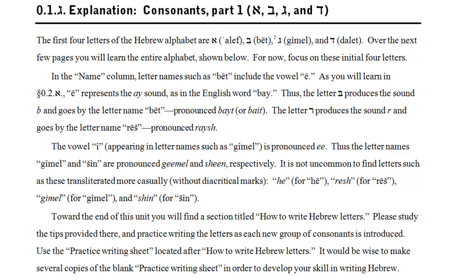Concerning the letter Beit, if you follow the footnote that's associated with Beit in that first sentence, you will see the comment that sometimes the letter Beit is represented with a dot in its center, known as a dagesh. This is the technical representation for the letter name Beit, whereas if the dot is omitted, it's pronounced with a V sound, Veit.